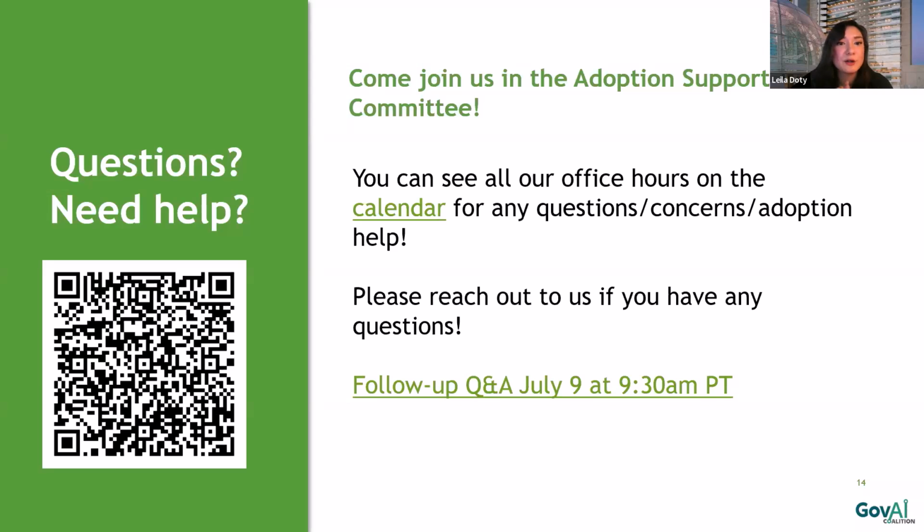But real quick in closing, if you're ever in a position where you're feeling stuck with all this AI stuff, or you have a specific question about this one governance thing that you're experiencing, stop by the Adoption Support Committee. This is one of our committees that functions basically like office hour sessions, where folks can come in, share what they're experiencing, any issues they're facing, and we try to problem solve or at least be helpful as much as we can as a group.